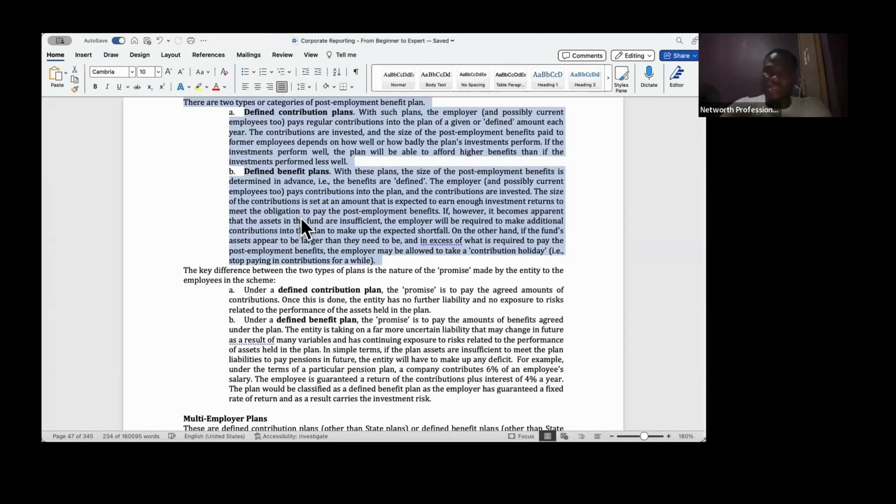If that's the case, then accounting for this is quite straightforward. In fact, it's extremely straightforward. At the end of every month, just calculate the pension, the 10%, the 8%, how much it is, and put it in your P&L as an expense, whatever name you want to call it.